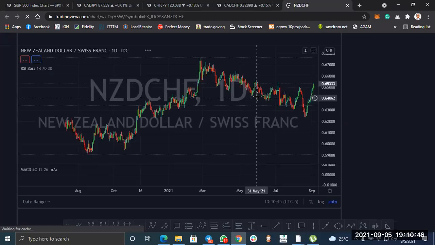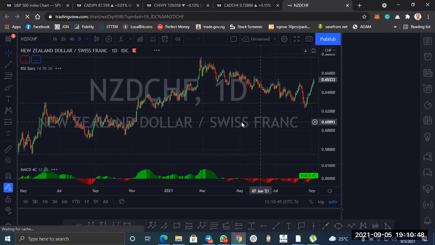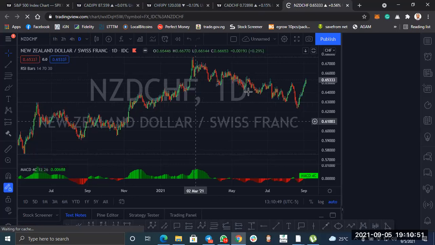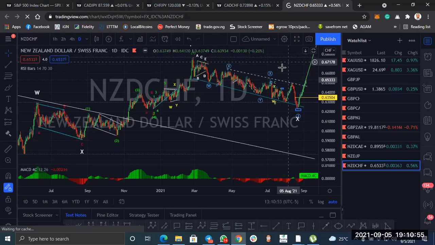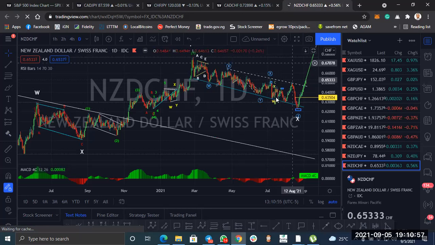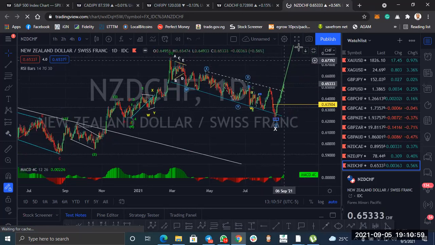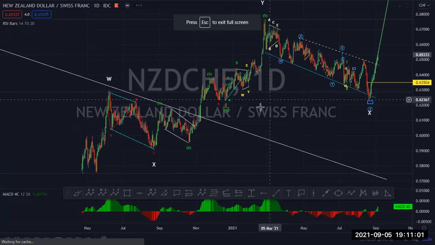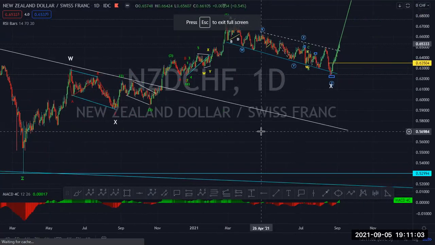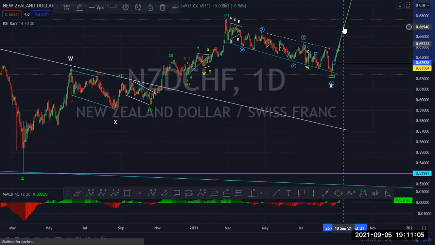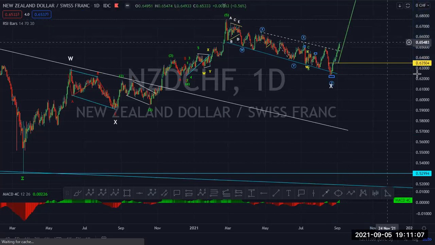New Zealand CHF. There's something sweet here. Let me open the chart at full screen. There's something sweet here. You see the sweet thing here.